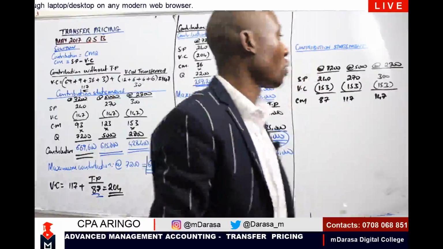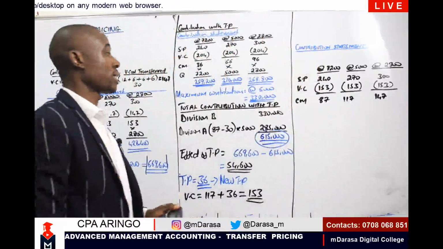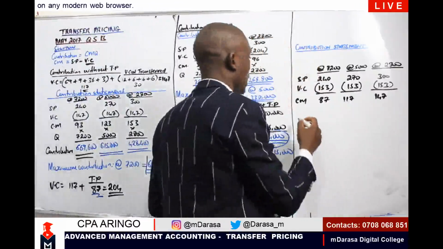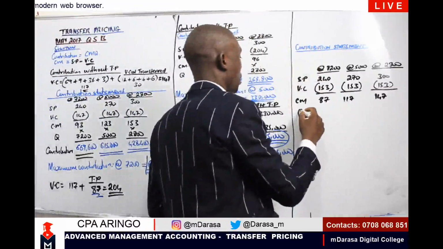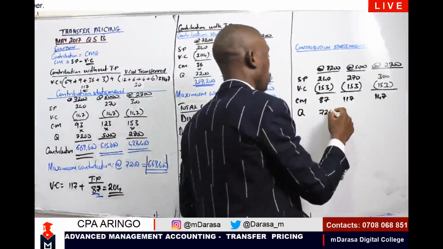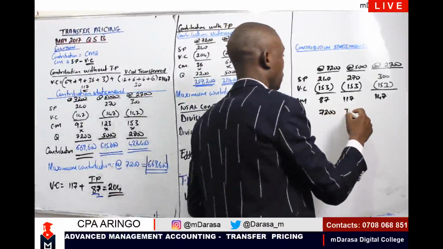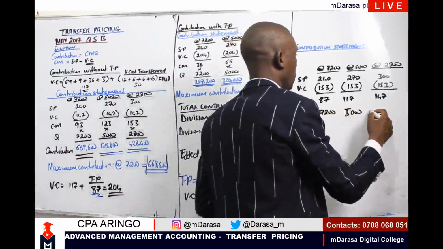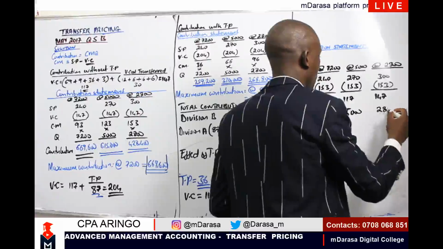The moment we have our contribution margin, it is upon us to determine our contribution by putting into consideration our quantities: 7,200, 5,000 and 2,800.